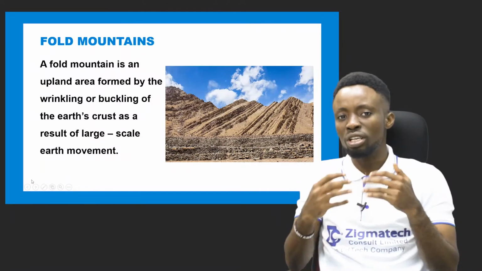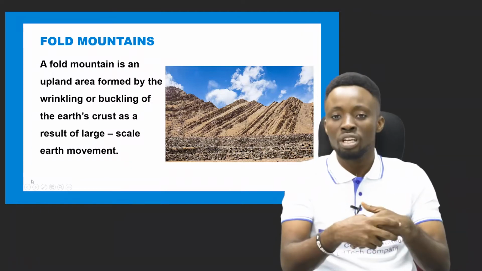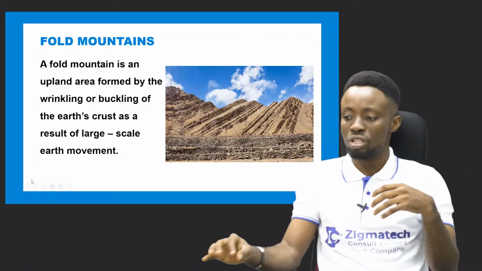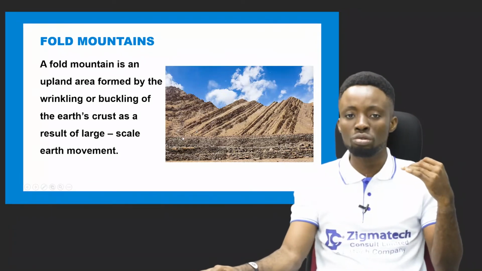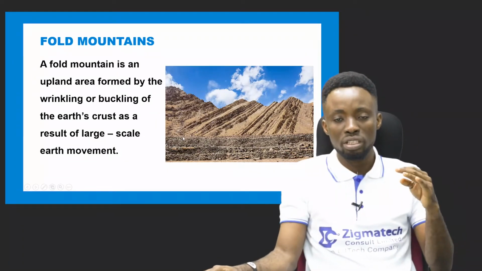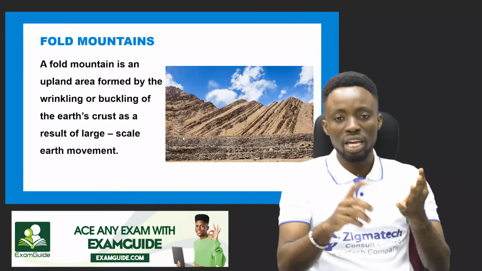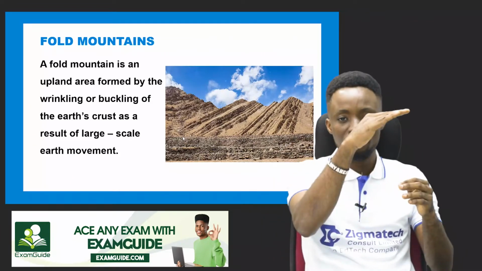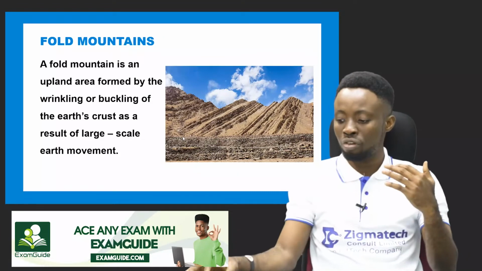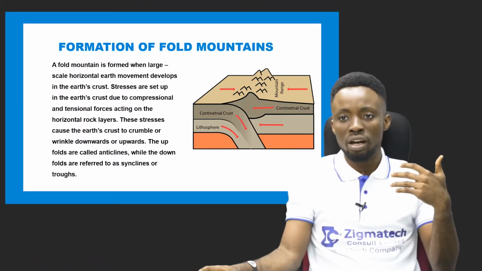And it is actually caused by the horizontal movement within the earth crust. So as we have here, this is just a typical example of what a fold mountain looks like. It consists of synclines and anticlines, causing it to have a series of crests and troughs.